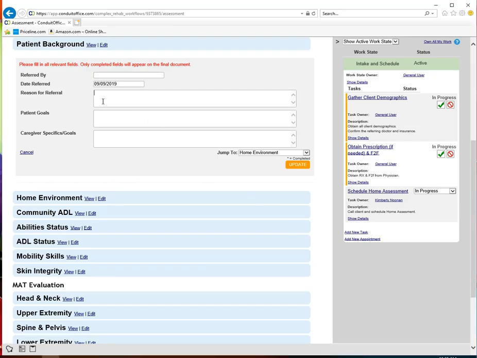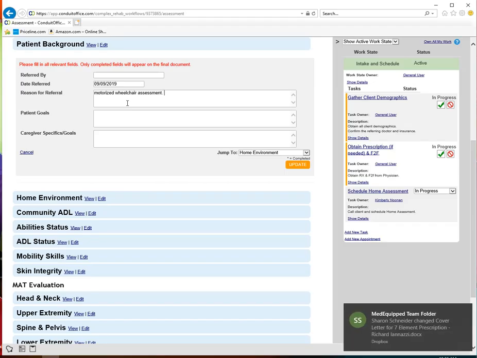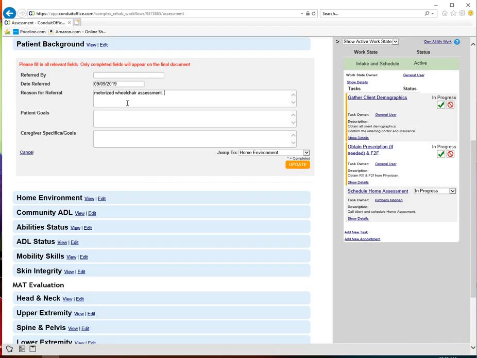So when we go into reason for referral, we're going to write motorized wheelchair assessment if they're requested for a motorized wheelchair. Then we're going to go straight into, again, always back to the MRADL. So we want to identify it right at the get-go. Our patient has been referred to us for a motorized wheelchair. Why?